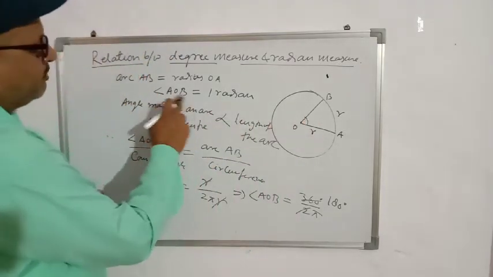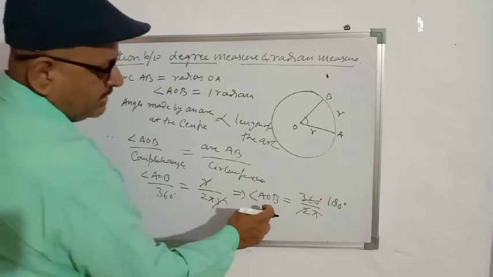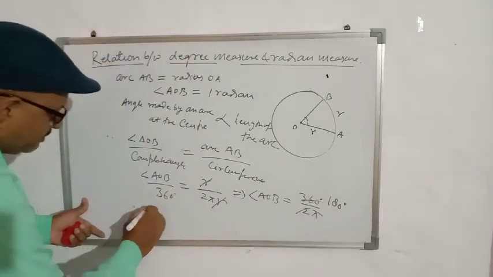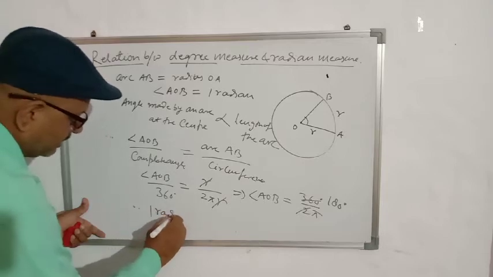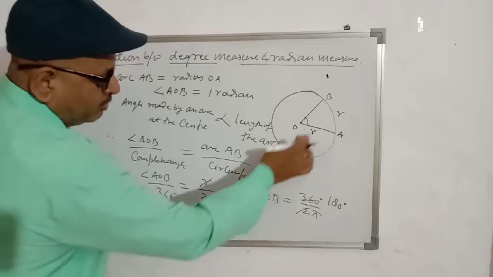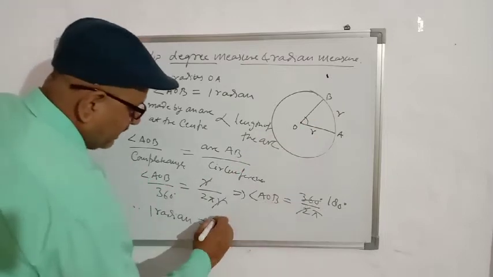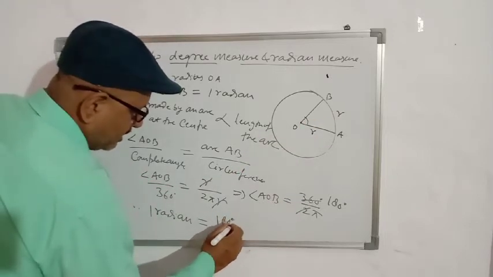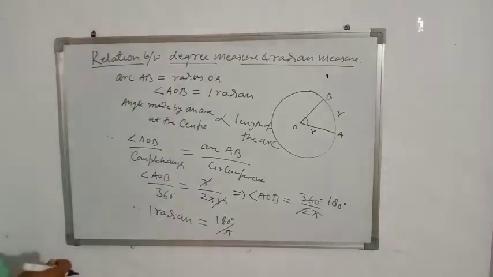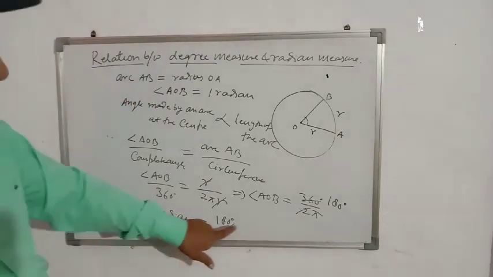AOB is 1 radian. So 1 radian is equal to 180 degree upon pi. This is the relation between radian and degree.